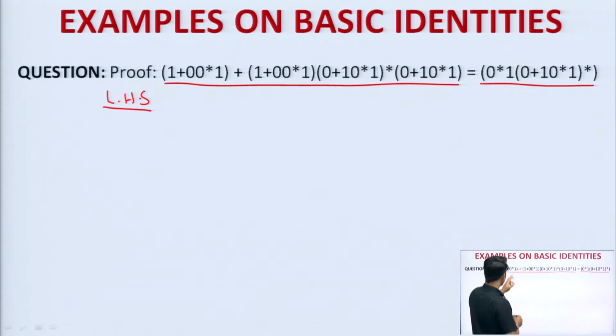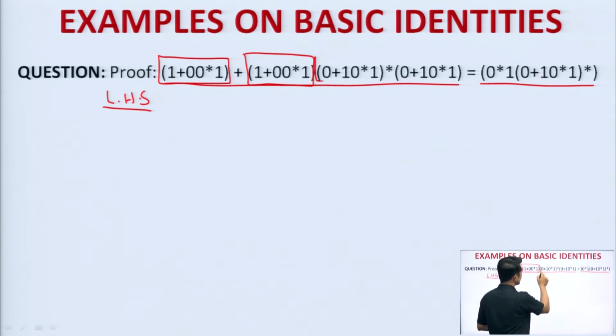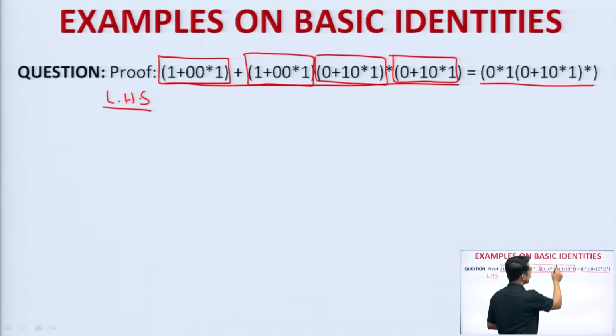Okay. Now, if you look into this expression, I can see that this particular term, 1 plus 0 0 to the power star 1, and this one are somewhat similar. Okay. And here this one and this one are similar, correct.